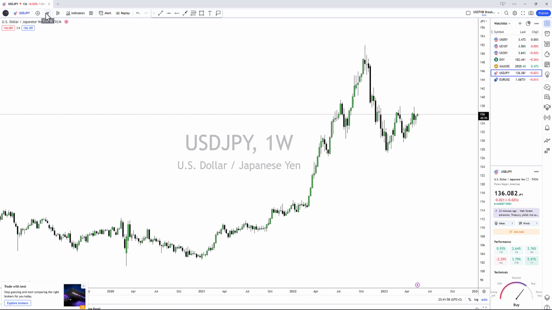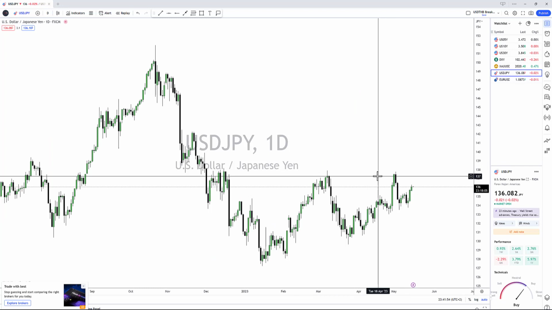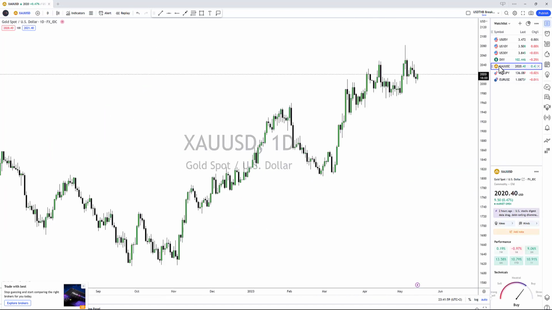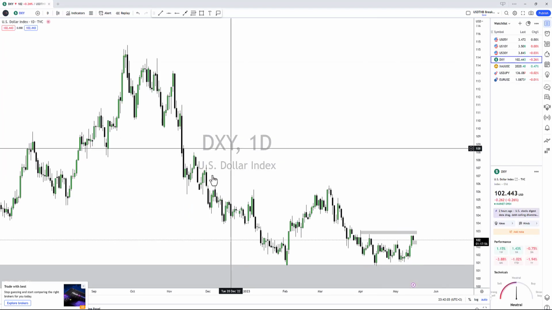And as for UJ, we're looking for price to trade to the downside. Shorts are ideal from premium arrays, and then longs are ideal on gold from discount arrays.